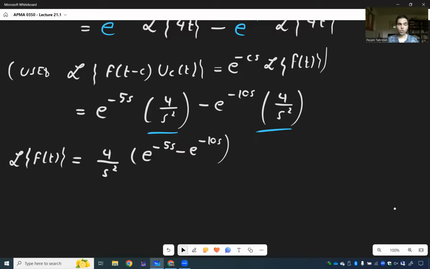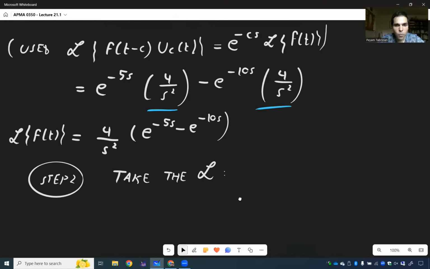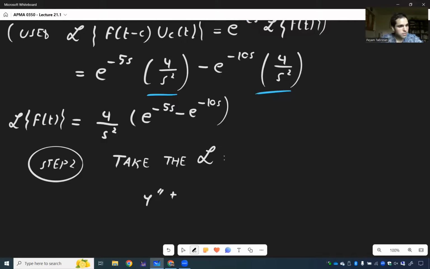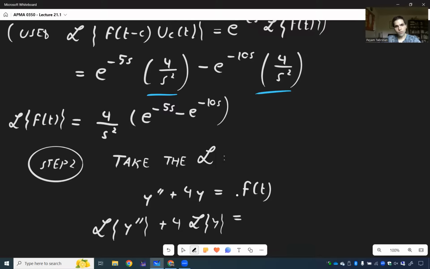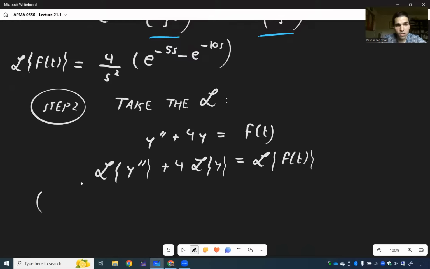And then the rest is as usual. So you just take Laplace transform of the ODE. So as I like to say, you take the L. So our ODE was y double prime plus 4y equals f of t. And then you take Laplace transforms. So Laplace of y double prime plus 4 Laplace of y equals Laplace of f of t. Now remember, we had our Laplace miracle.